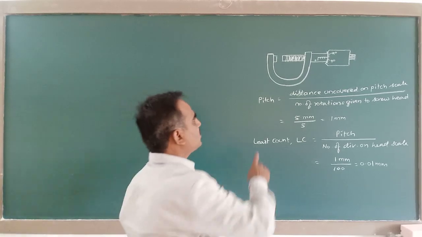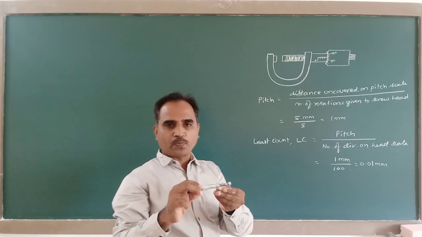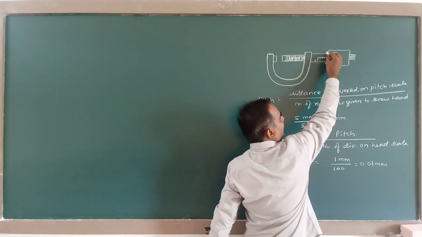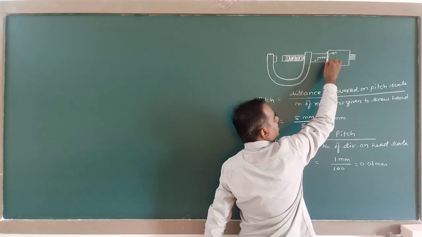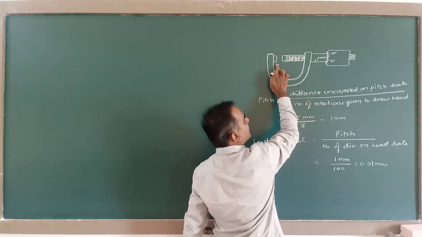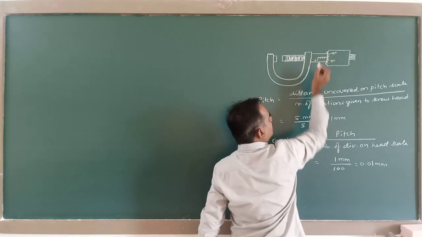This fixed head is called the anvil, this is called the spindle. When the anvil and spindle are both coinciding, this edge of the head will be exactly coinciding with this zero line.